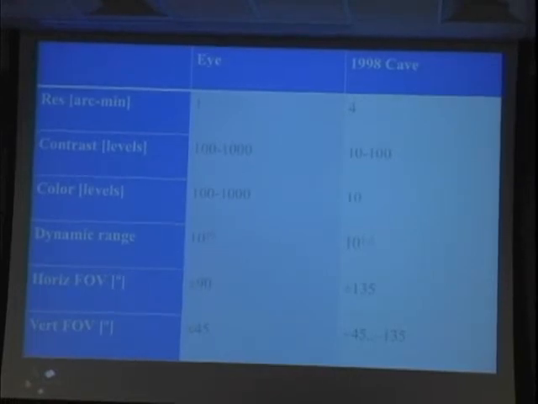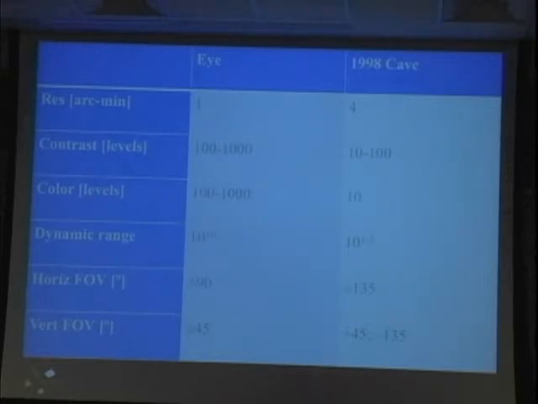So these are the numbers I showed you earlier in the left column, the characteristics of the visual system of the eye and the back of our brain that processes the stuff from the eye. And these are the characteristics of the cave. That cave had much lower spatial resolution by a factor of 4 in each direction, so really a factor of 16 or so.